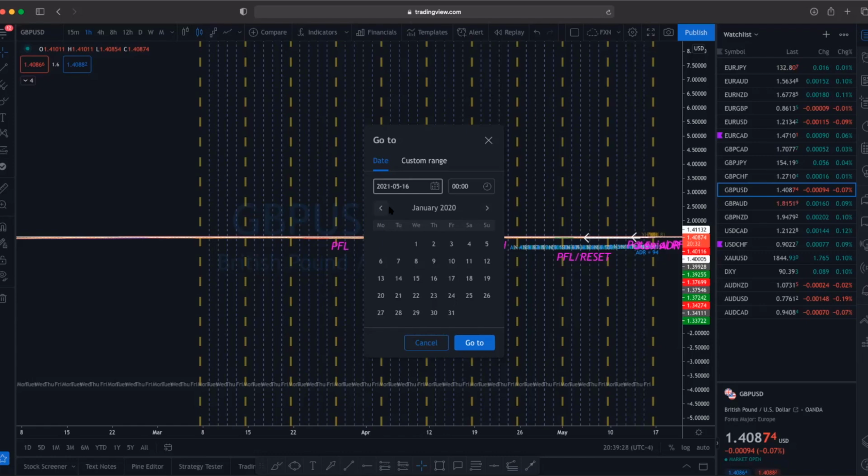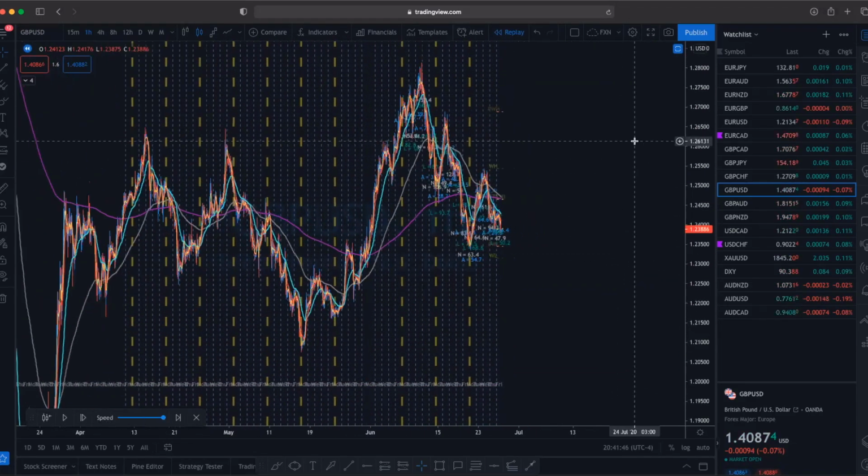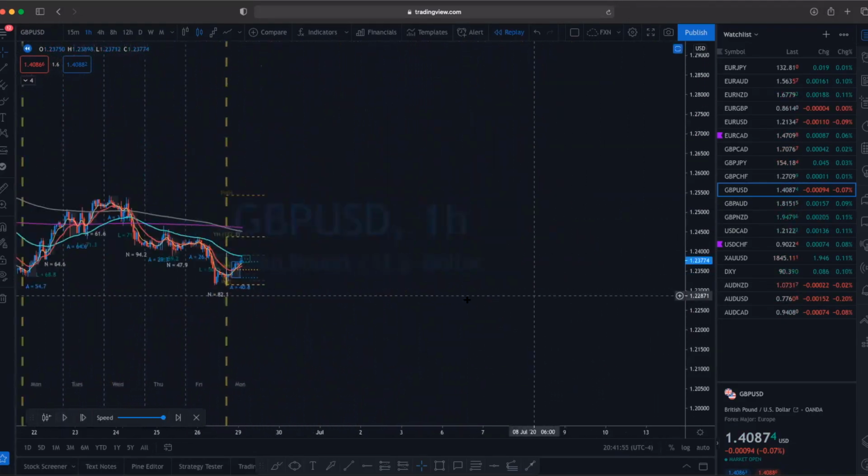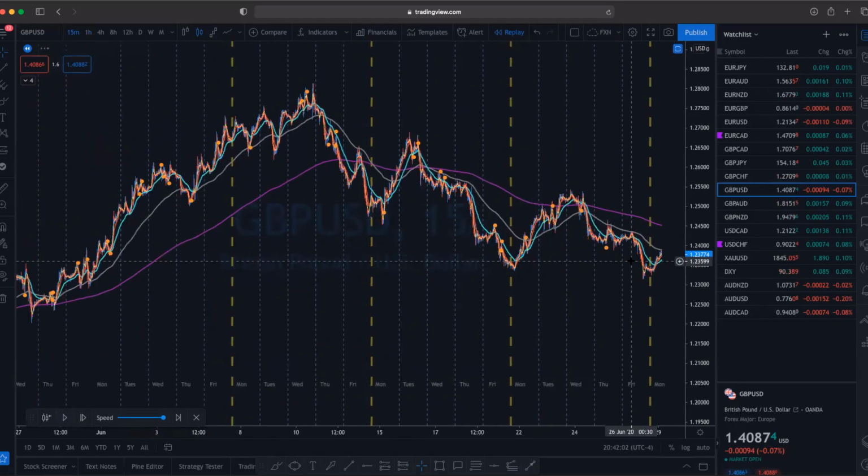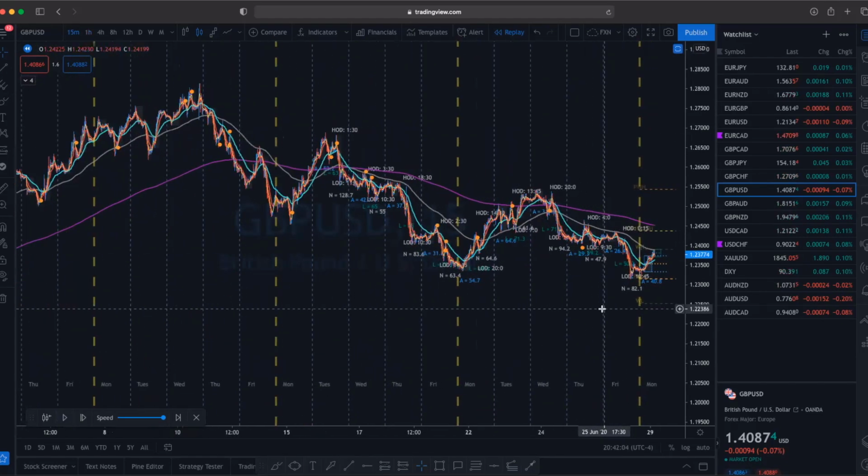All right, let's do pound USD. We haven't done this one in a while. Let's do, I don't know, no, let's do pandemic. All right, so what do we notice here?